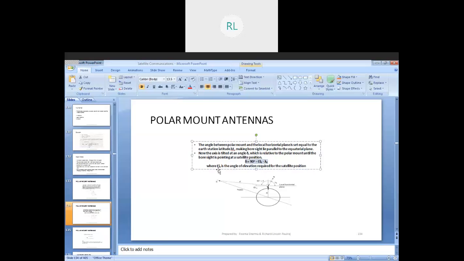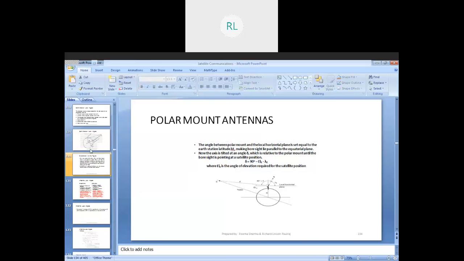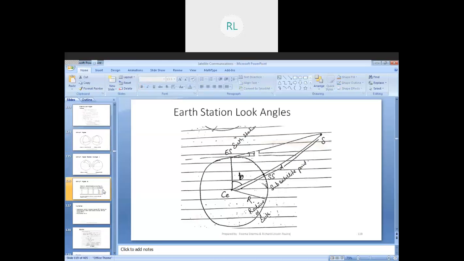This is in parallel with our line of sight of the antenna, so that is your bore sight, straight along the antenna's path. Now the axis is tilted at an angle delta, relative to the polar mount, until the bore sight is pointing at a satellite position.